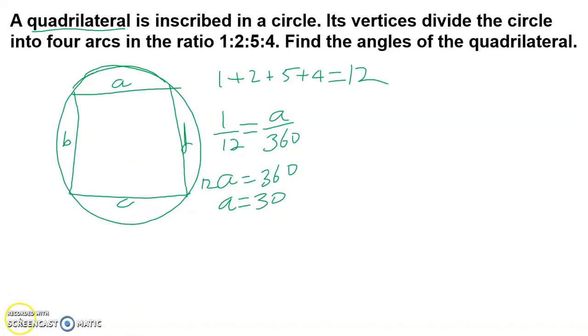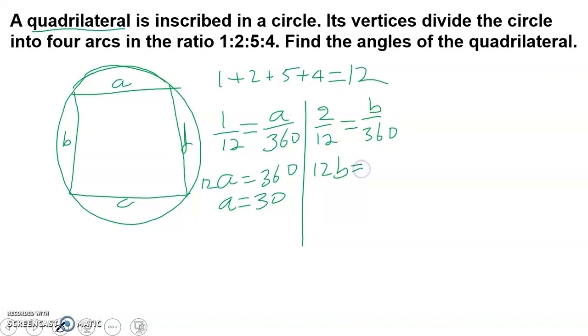Then we do the same thing for 2 over 12. Let's say the 2 is B, B over 360. So 12B equals 360 times 2, which is 720.